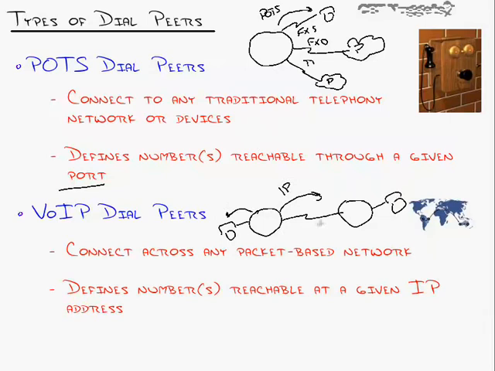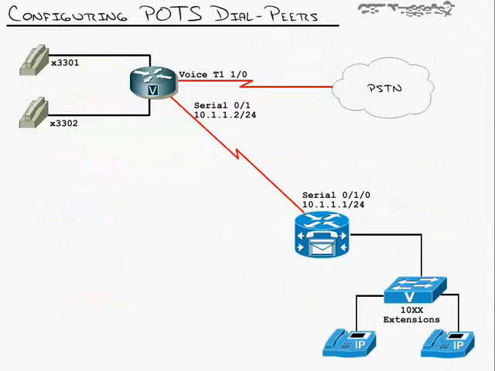And I said I was going from 10.1.1 to 10.1.2 over here. So to define that reachability information, I would need a voice over IP dial peer, because that is going to be reachable at a given IP address. I'm going from this IP address to another IP address. So my target is an IP, it's not a port.